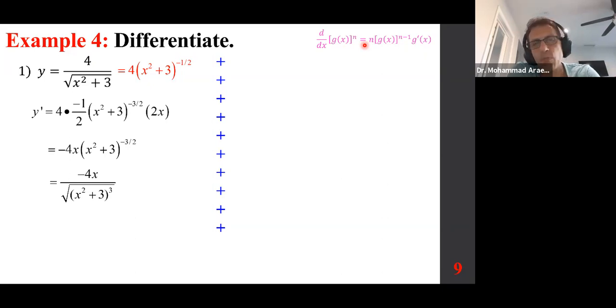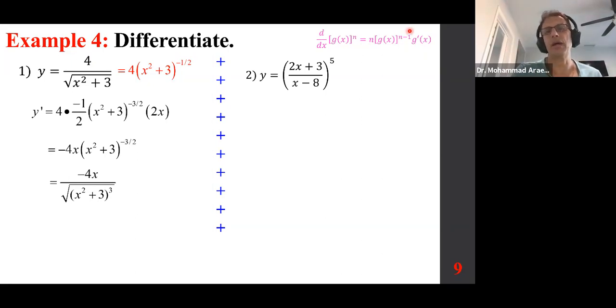How about this one? Well, first and foremost, we use the chain rule or the extended power rule. 5 sits in front. Here's your g function. You raise it to the power of n minus 1, 5 minus 1 or 4. And this now, g prime of x, requires the quotient rule, f prime g minus g prime f over g squared.